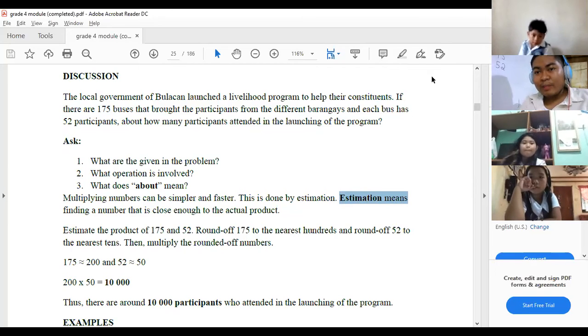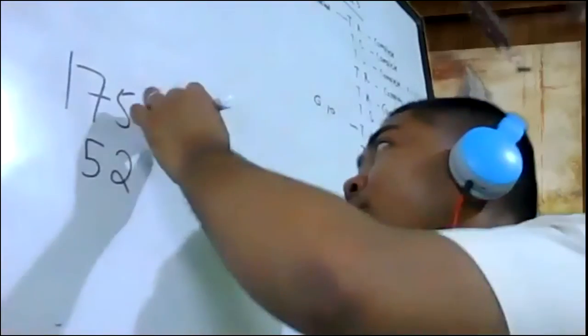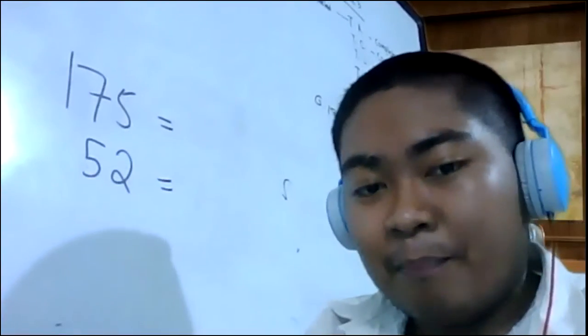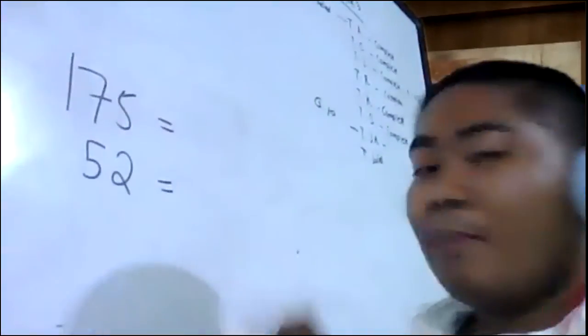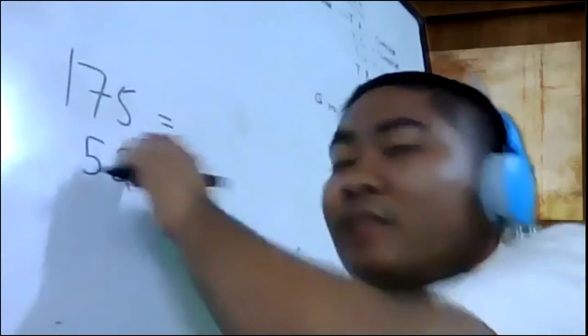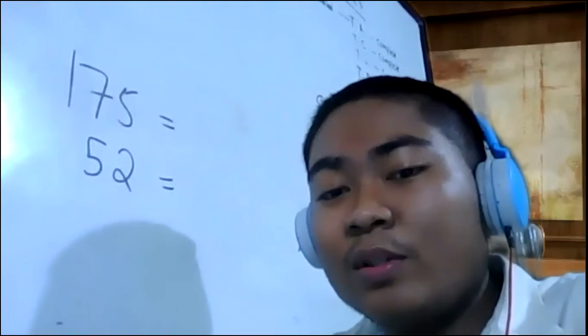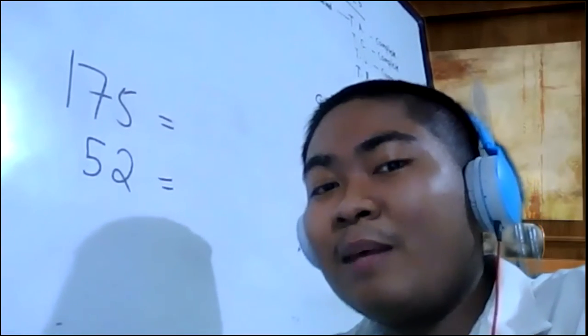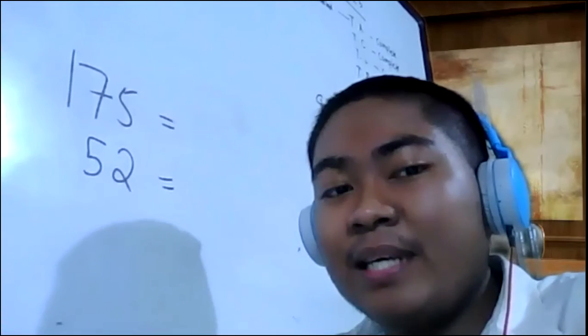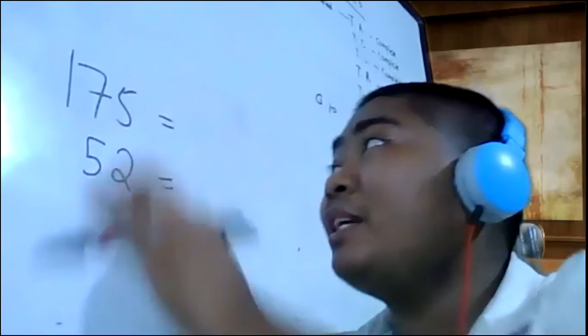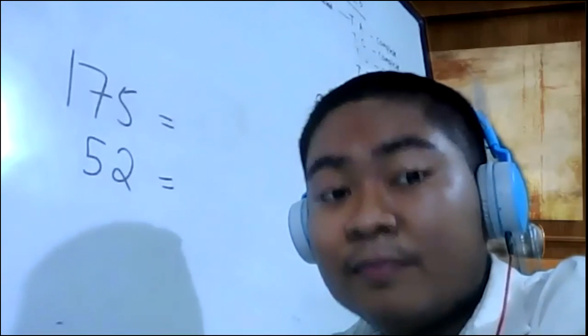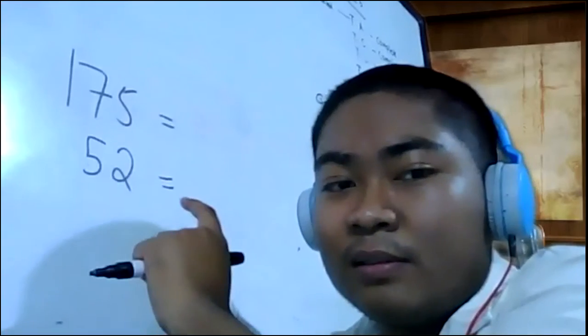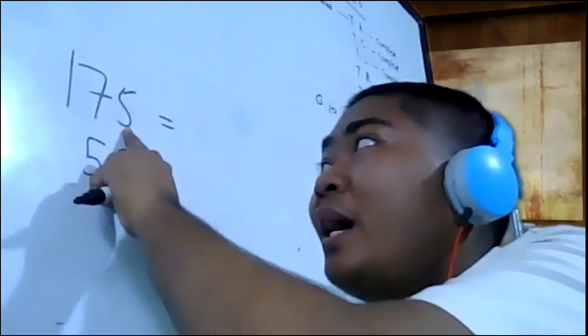Okay? So in estimation, ang gagawin lang natin is to round off these numbers para mas madali mo lang siyang multiply. For example, we have 175. Para natin siya round off sa may pinaka-highest number niya. So, ones, tens, hundreds.